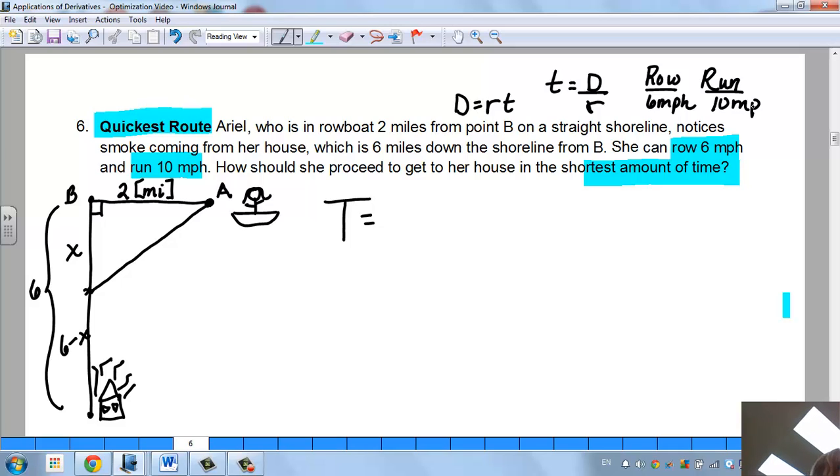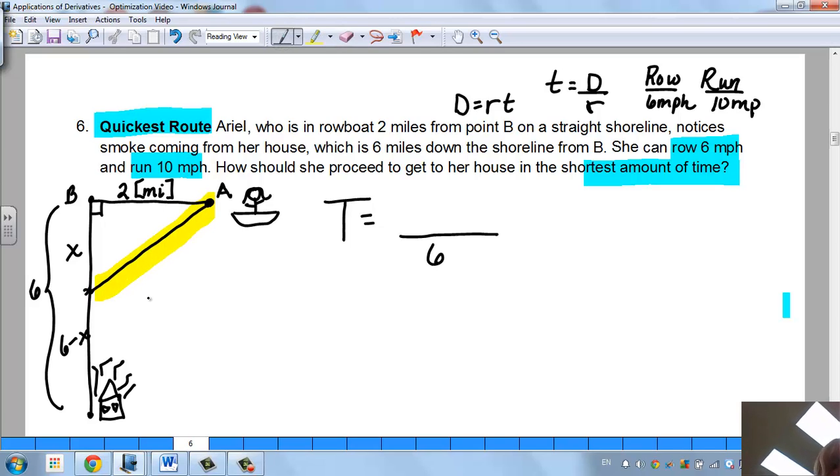So we just have to do distance. I'm going to do the rowing part first, distance over the rate. The rate for rowing is 6 miles per hour, so I'll put a 6 down here. But I have to put the distance. The distance she's going to row is from here to here. How would I find that?